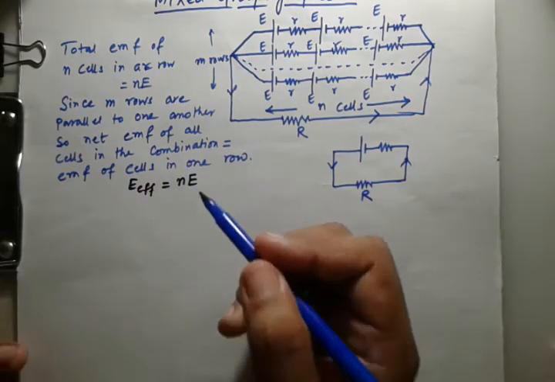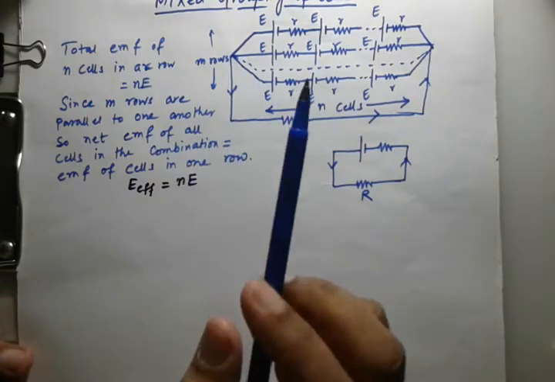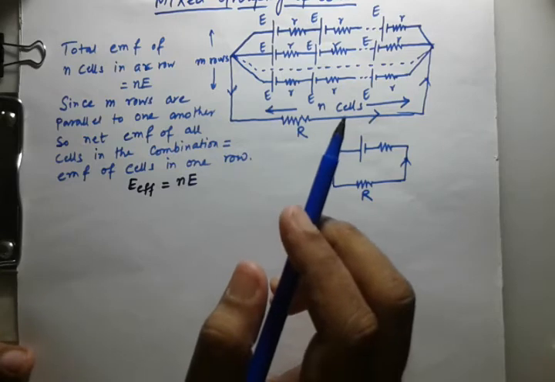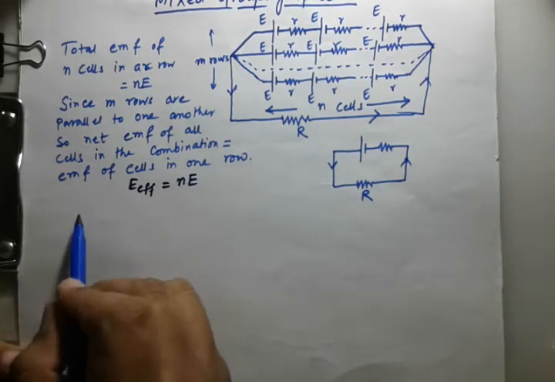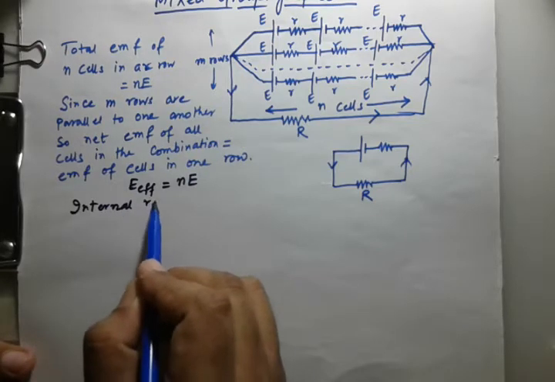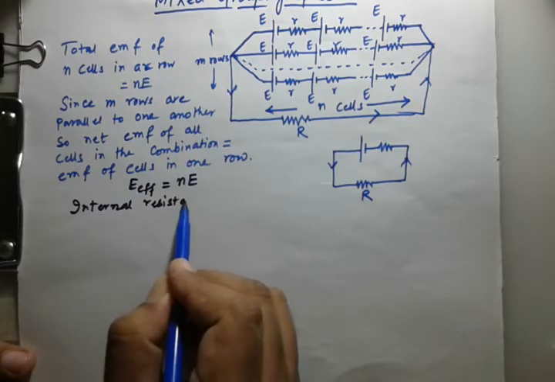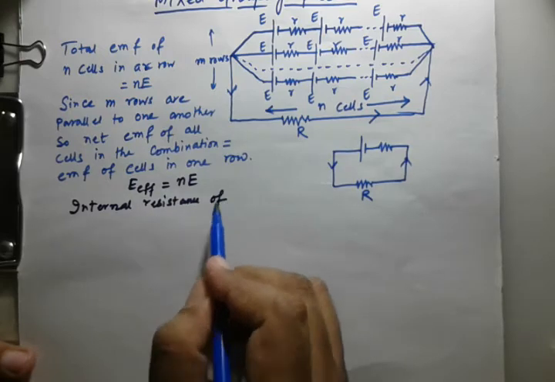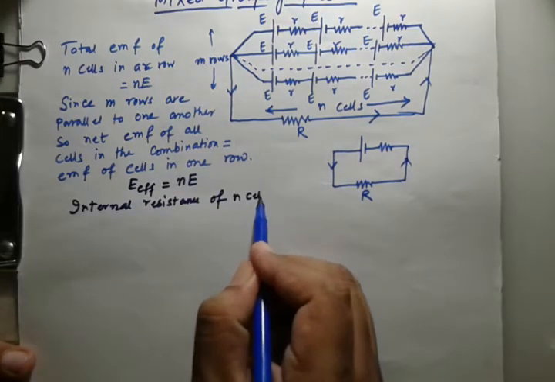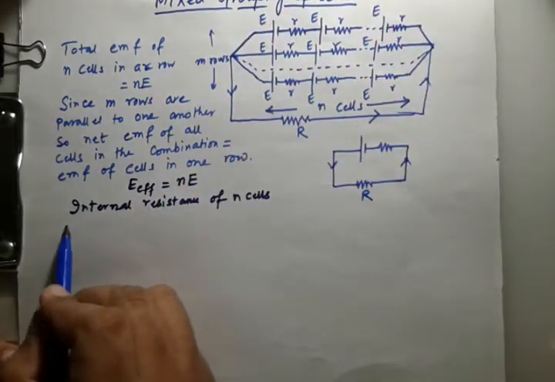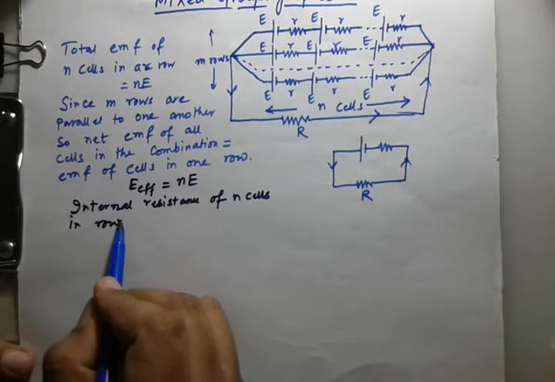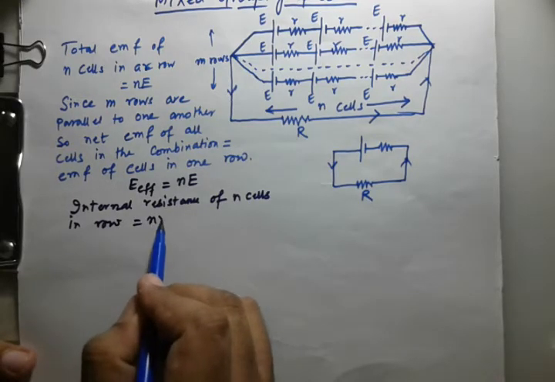Okay, and in the same case, n cells are connected in series, so therefore the internal resistance of n cells in a row, so internal resistance of how many cells? n cells, is equal to nr.